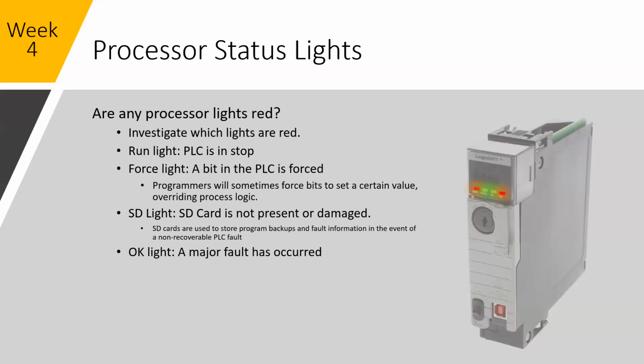Something might not be right, but there's nothing causing the processor to fail. If that light is just off, the key switch might be in program mode, or you might have put your logic into program mode. In which case, just going online and putting it back into run might turn it back on. But if it's red, logic isn't being executed.